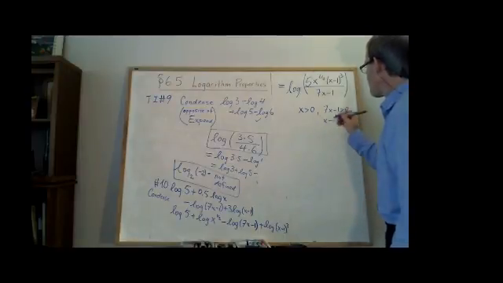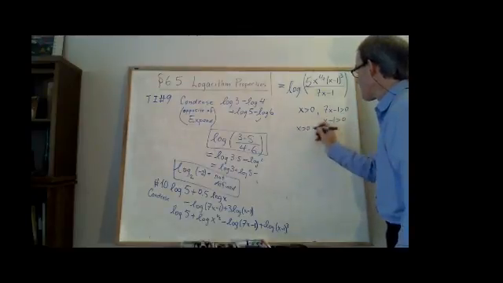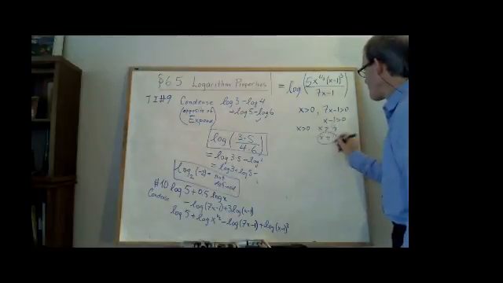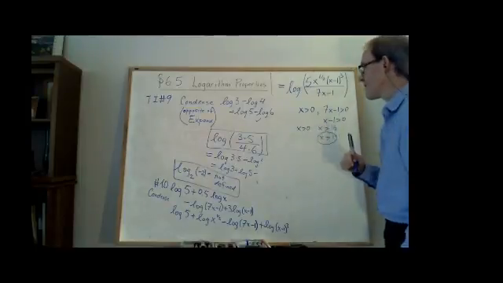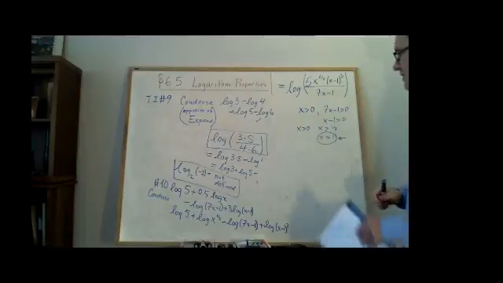Which is true when x is greater than the largest of these. This is x greater than 0, x greater than 1/7, x greater than 1. Well, if x is greater than 1, then it's also greater than 0 or 1/7, because 1 is greater than both 0 and 1/7. Okay, so that's the only restriction we need for this all to make sense.